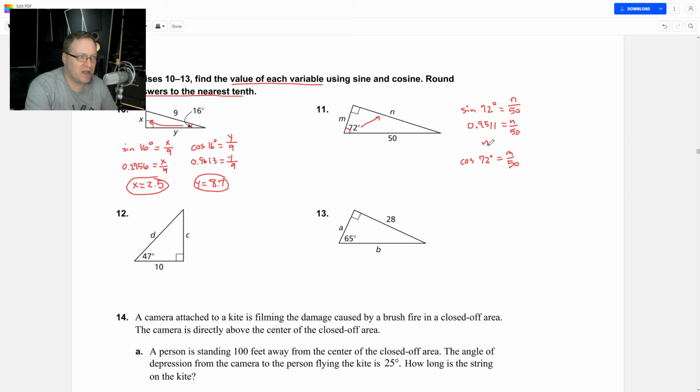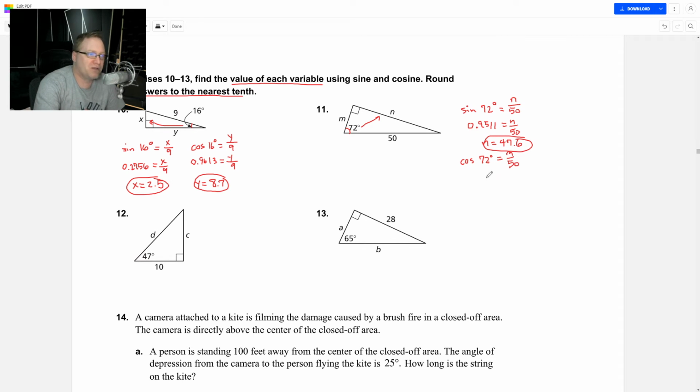Well, that means that n is going to equal 50 times 0.9511. So I'm going to do that, times 50, and it equals 47.55, which is 47.6. So we found that answer.